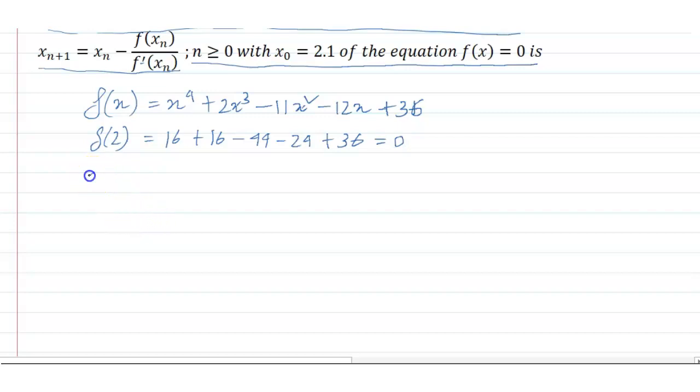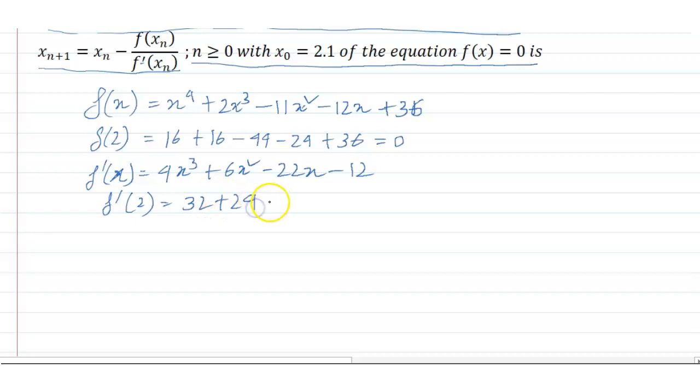And f dash x is equal to 4x cube plus 6x square minus 22x minus 12, and f dash 2 is equal to 32 plus 24 minus 44 minus 12, which is equal to 0.